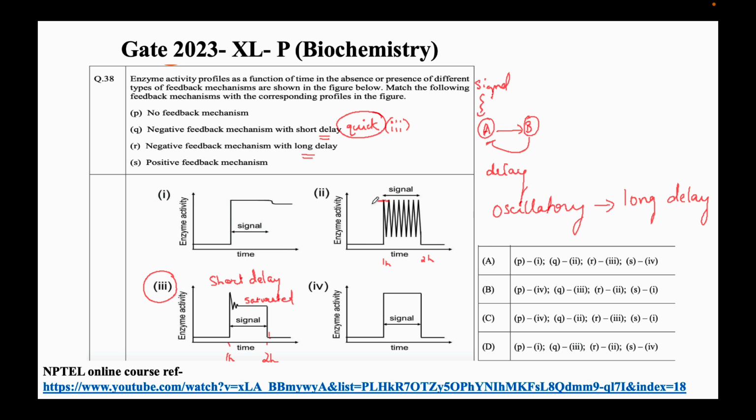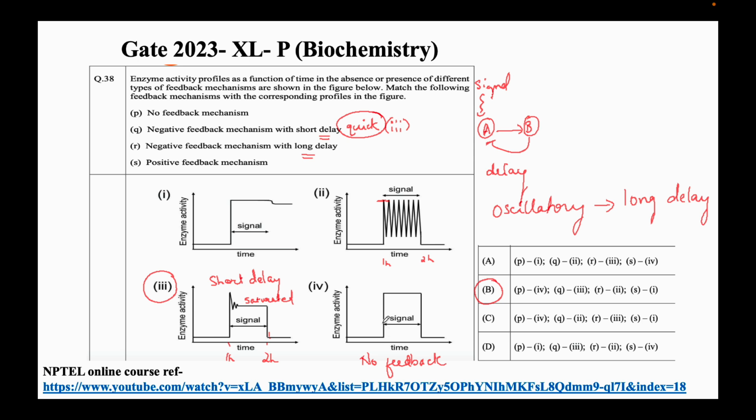If we match the mechanism to the enzyme activity in the options, the correct option will be B, where P is without any feedback, no feedback. This is how the enzyme activity profile will look.